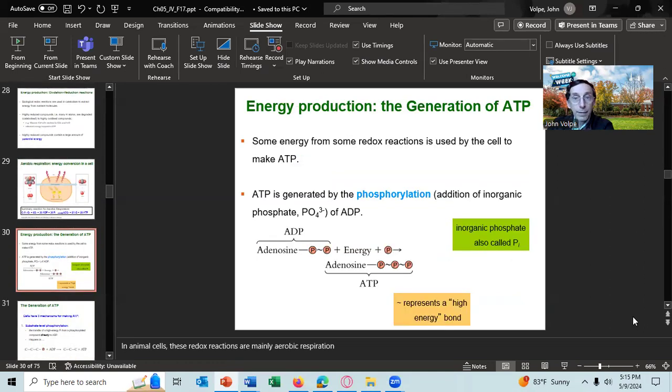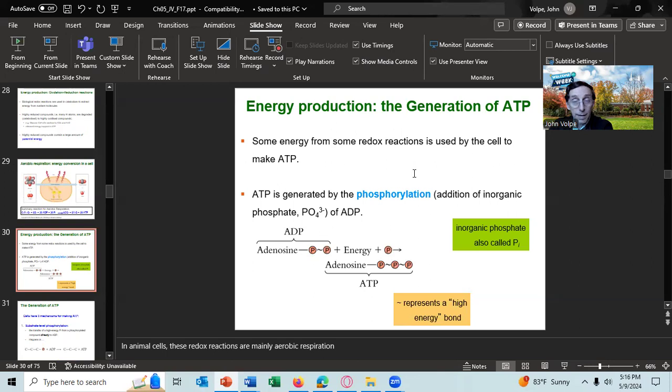So in energy production, cells generally make ATP, and some of the energy from some redox reactions is used by the cell to make ATP. When I say some redox reactions, it's because human cells and many cells can only use 2 redox reactions to make ATP.